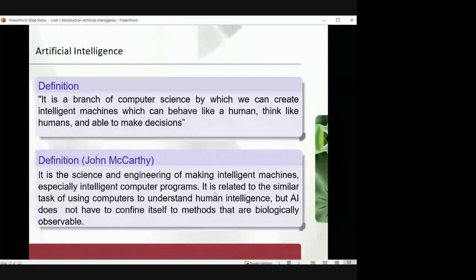It is related to the similar task of using computers to understand human intelligence. But AI does not have to confine itself to methods that are biologically observable.